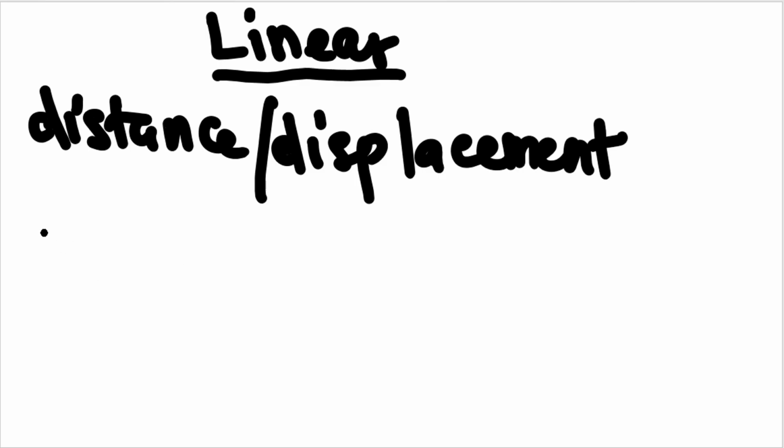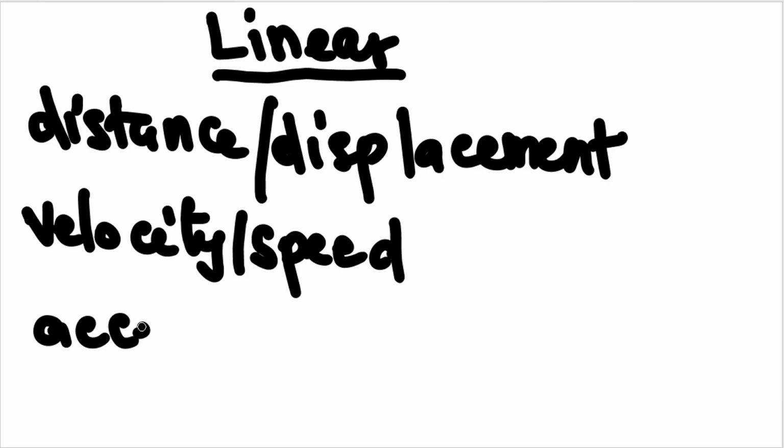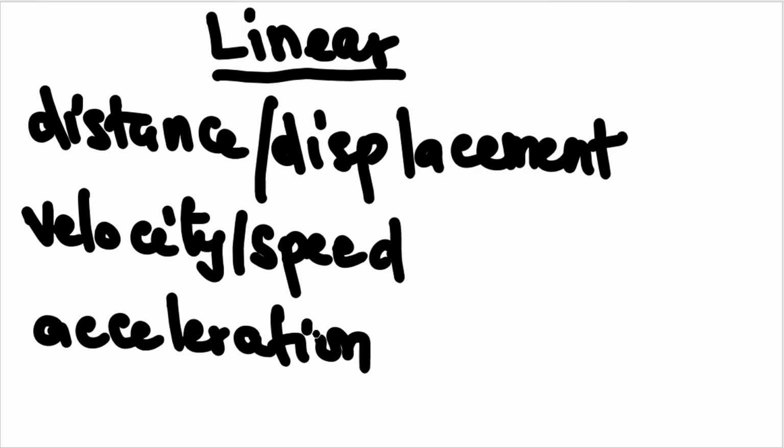And then we'll be talking about velocity, because it's linear motion. Sometimes velocity can just be speed, but mostly it's velocity. Then we'll be talking about acceleration. These are the three major things, and all this will be happening within time. So time will also be another factor in the equations.